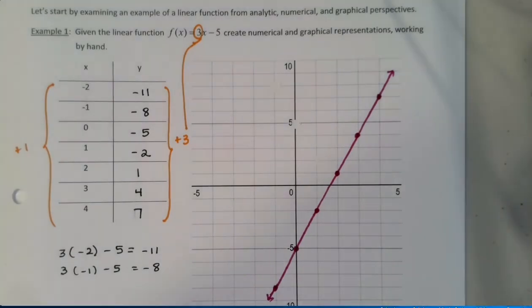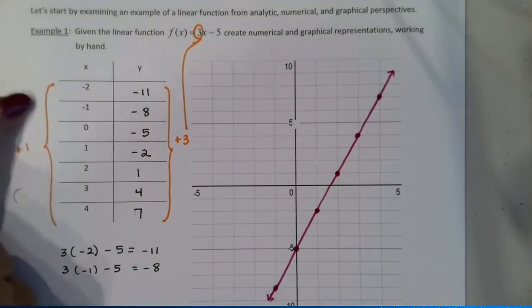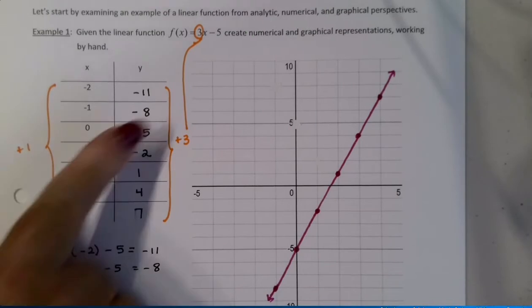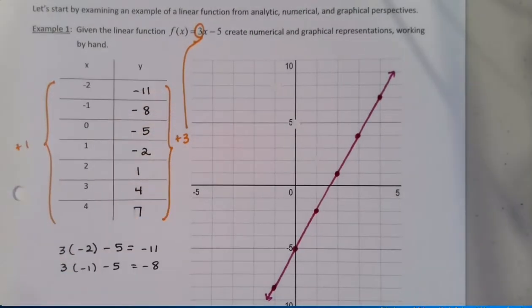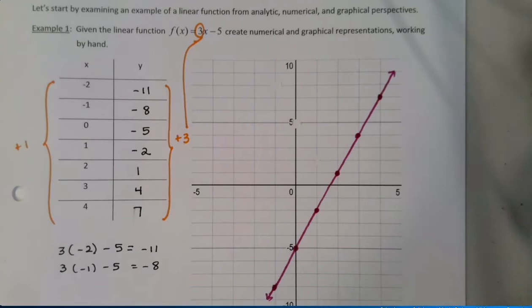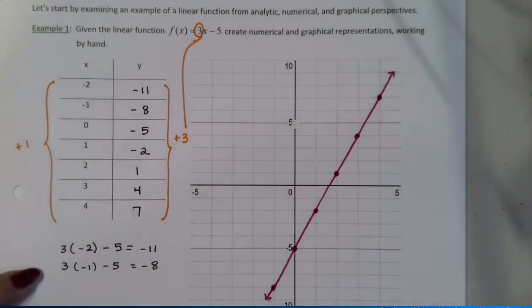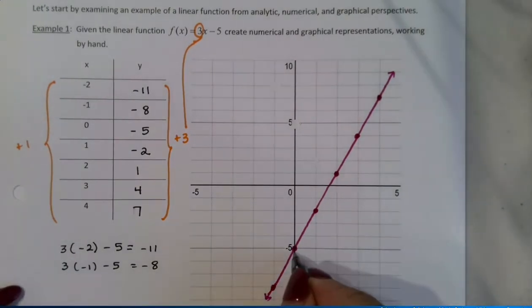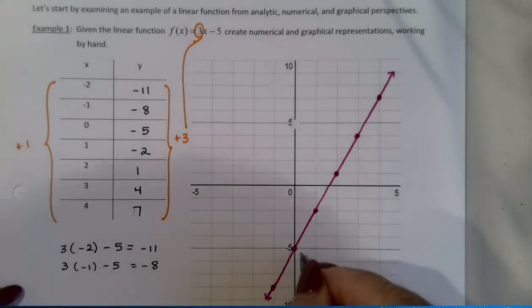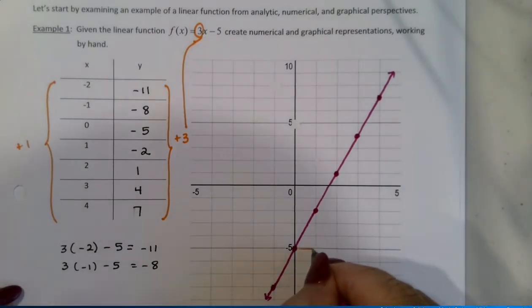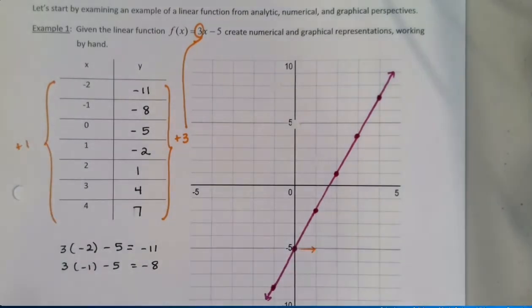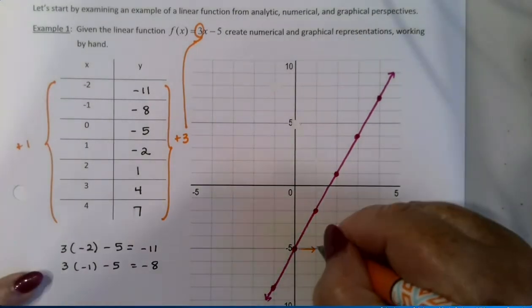Now remember what we saw in the table. We saw that when x went up by 1, the y values increased by 3. Can we see that same pattern over here in the graph? Well, in fact, we can. Pick any point. I'm going to start here at the y-intercept, -5. If x goes up by 1, so if I move over 1 unit in the x direction, what happens to y?